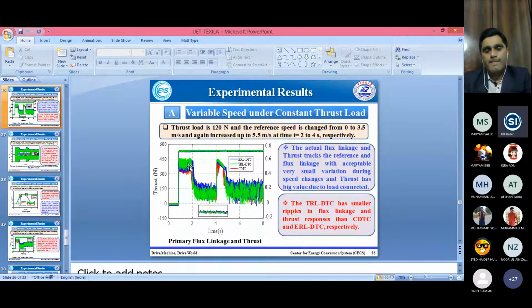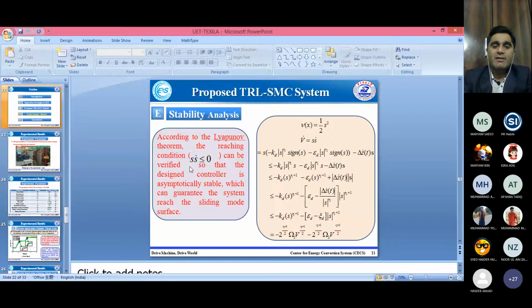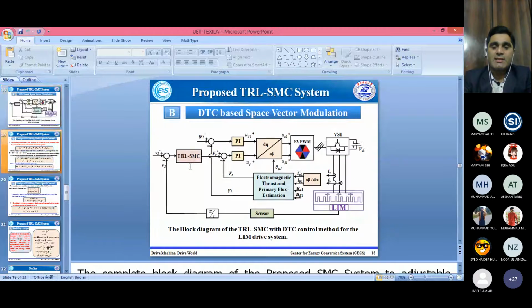The second question is, how about ripples? I saw the ripples are higher in the results. Is it possible, with this sliding mode control, to use MPC just for this specific function to reduce the ripples? Yes, it would be a hybrid control method. In this diagram we have a space vector pulse width modulation technique, the DTC, direct thrust control method, and the field oriented control method.